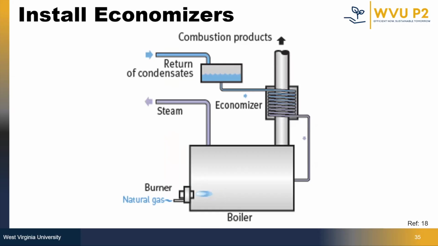For a boiler with an input of 1 MMBTU per hour, about 15% of that heat is normally lost. By recovering just 20% of that lost heat, we can save around 30,000 BTU per hour. This could lead to an annual saving of $2,600 at a natural gas cost of $10 per MMBTU, with a payback period of around 2 to 3 years.